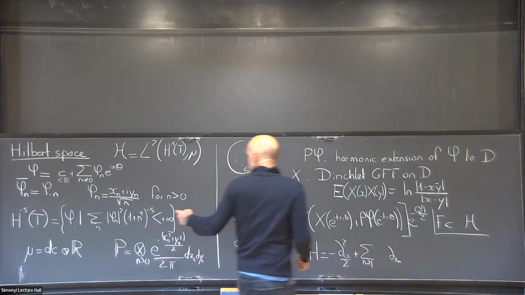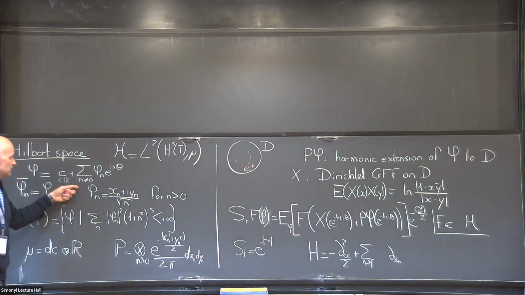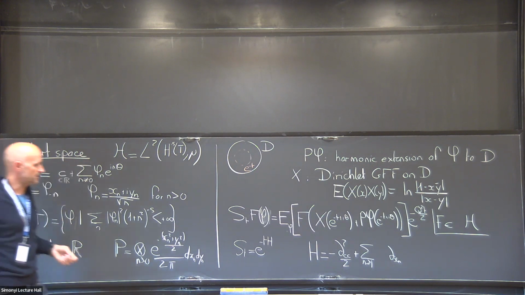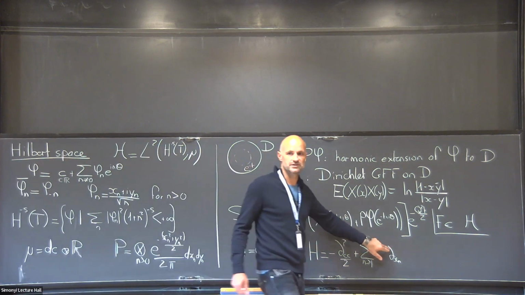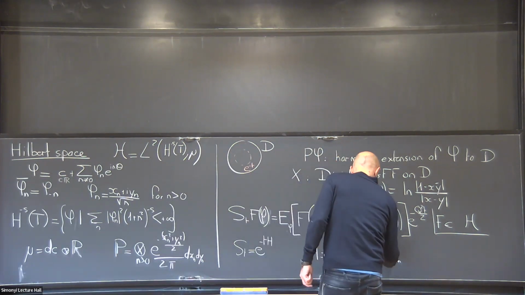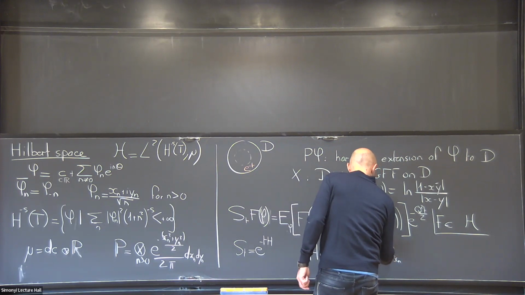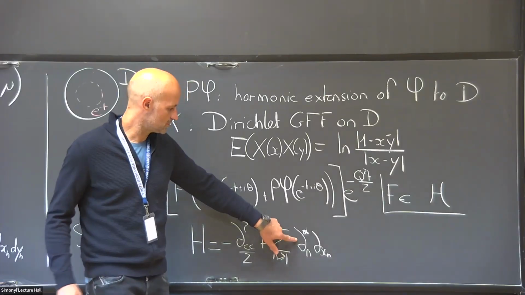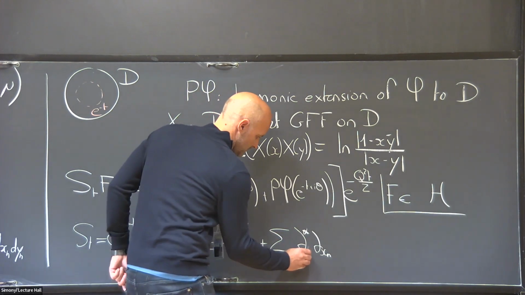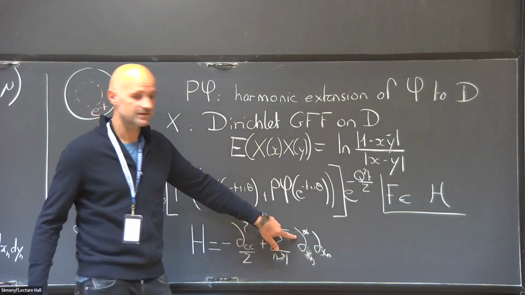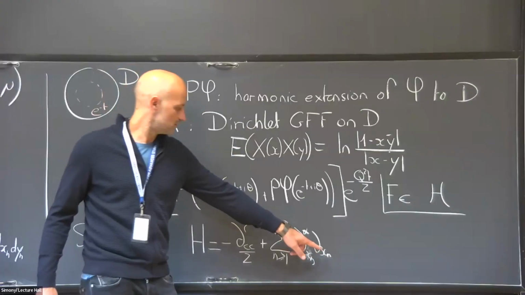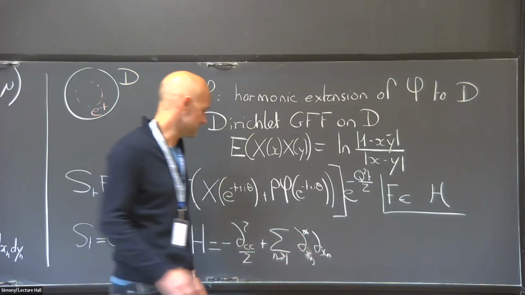So if I see these coordinates as parameterizing my Hilbert space, I can differentiate with respect to these coordinates here. Here, the star means I take the adjoint with respect to the Gaussian measure of the partial derivative in X_n.